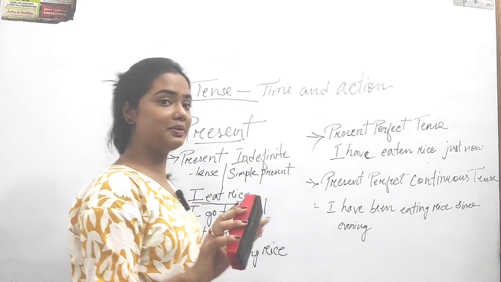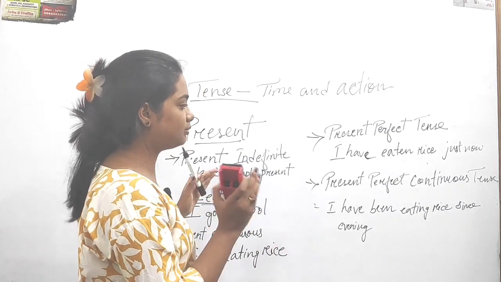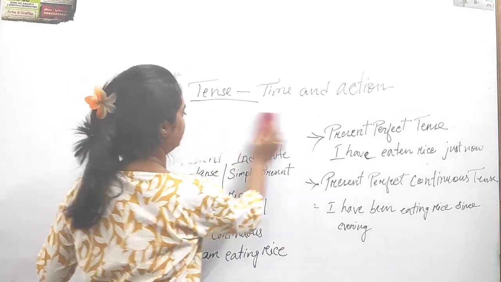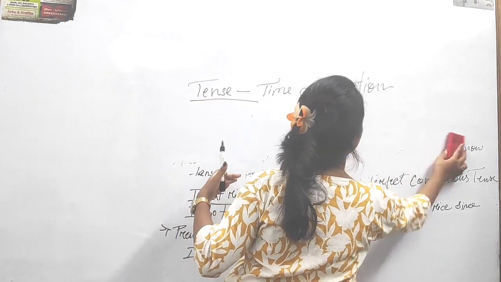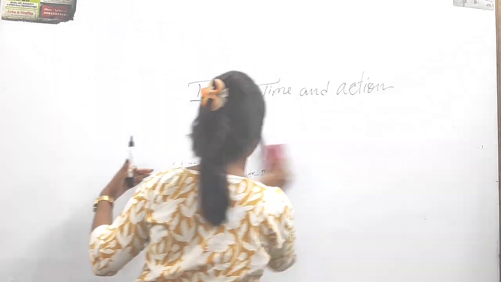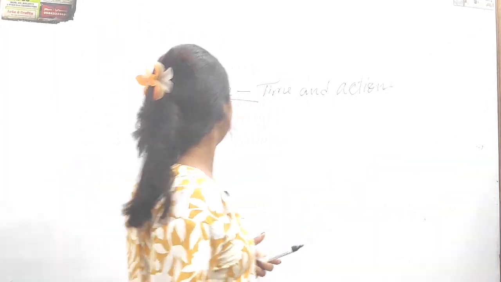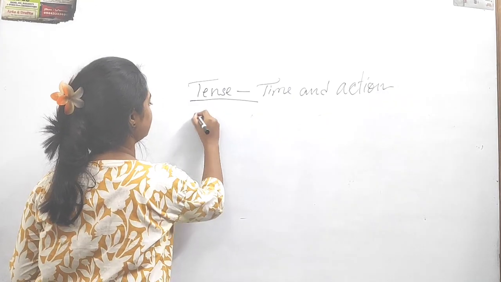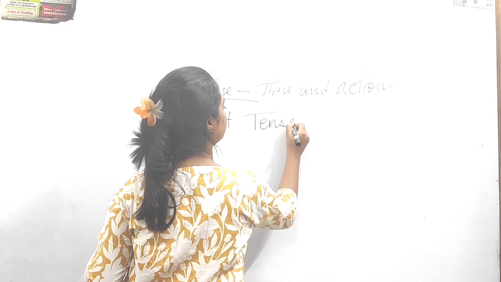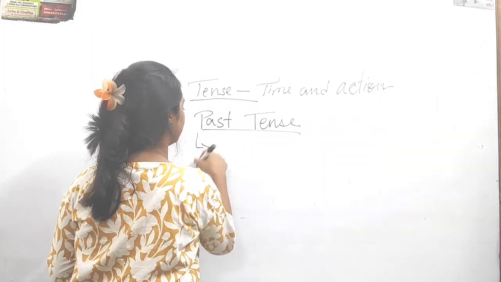Okay, now that we are done with present tense, for the past tense the same trick, the same thing will be used, but we'll see how it changes. Even for the past tense, we have these three categories again.